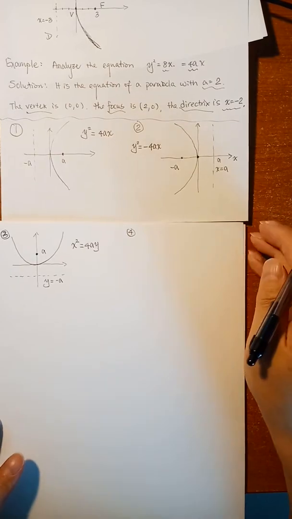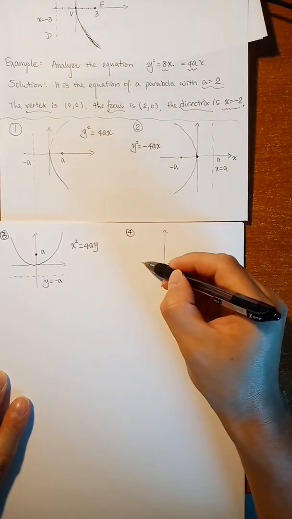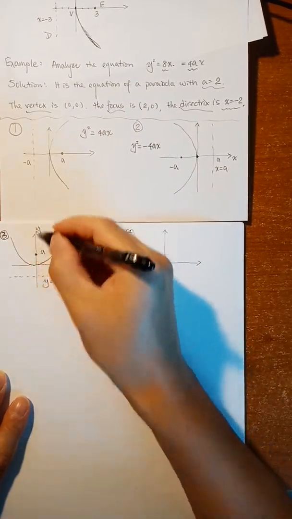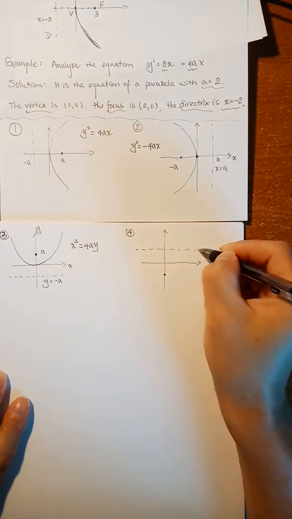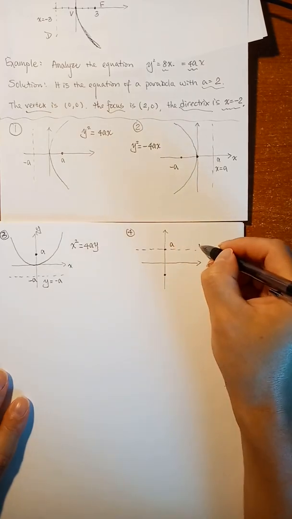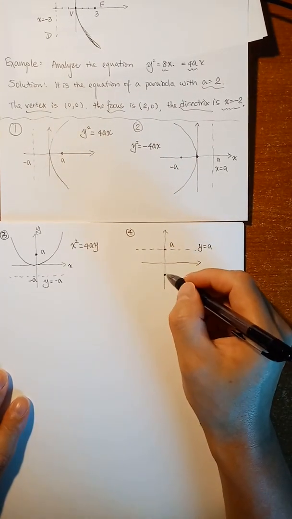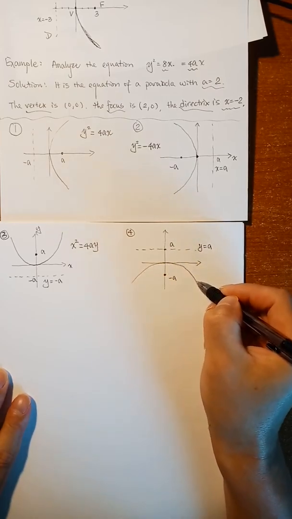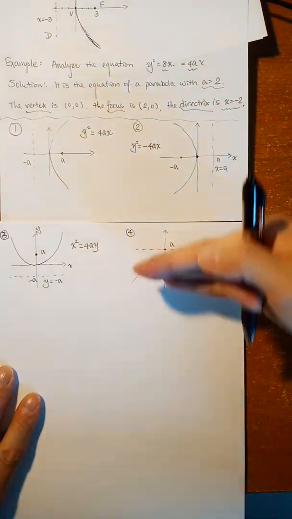The last special place is like this. We're going to flip this situation. This a, the directrix is y equal to a, and focus is (0, negative a). So the opening is open to the negative y. It's open down, it's negative y.